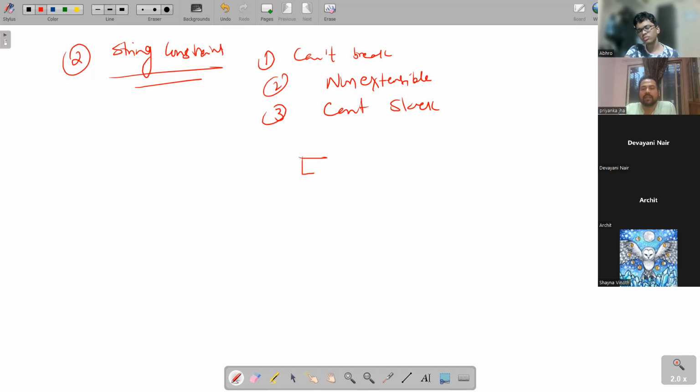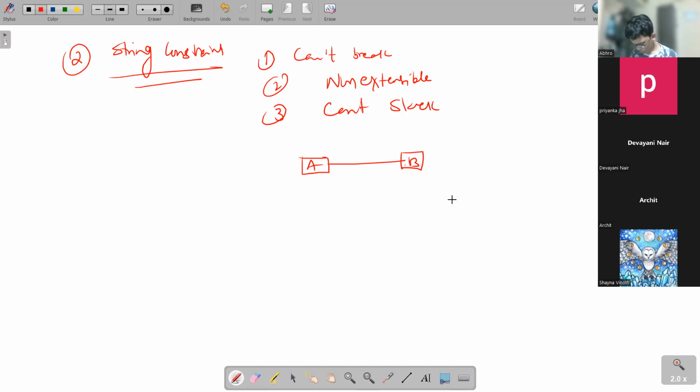See, one block is connected by a rope to another block. Now see one thing. You can see that this block A is connected to block B by a string. So with respect to A, if block B has some relative velocity with respect to A, it means that B can go this way or this way.